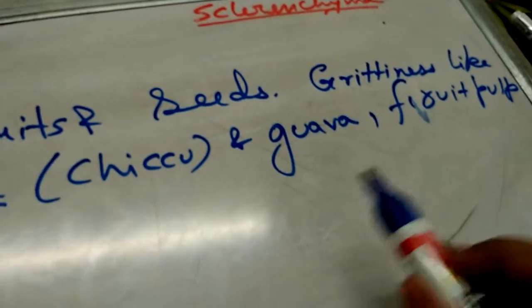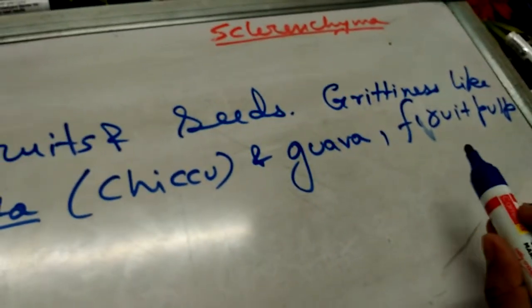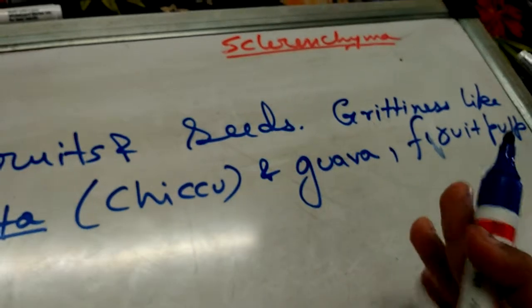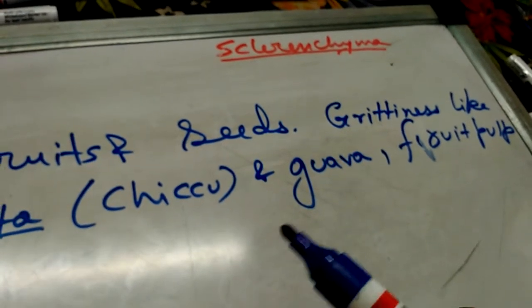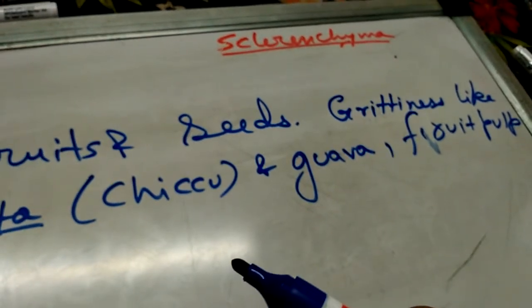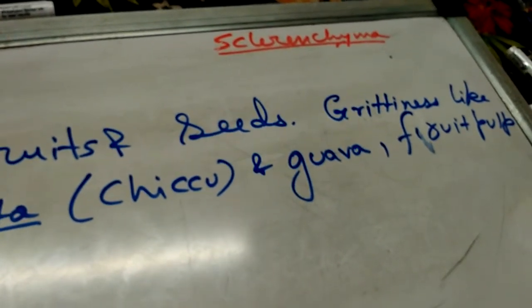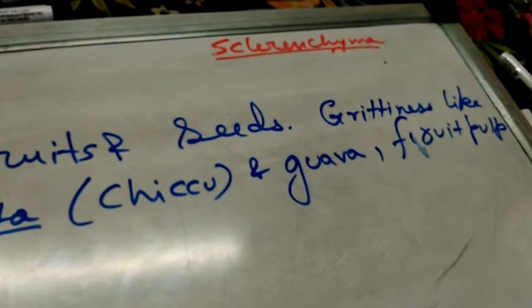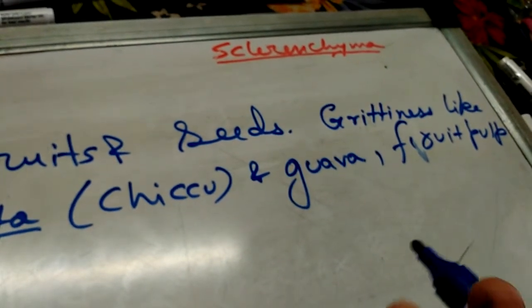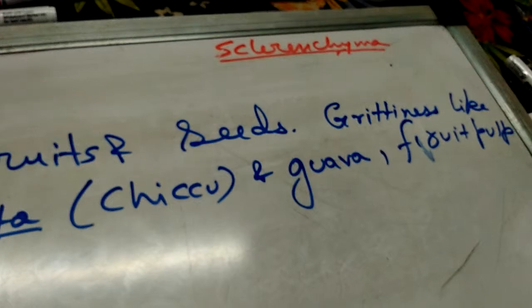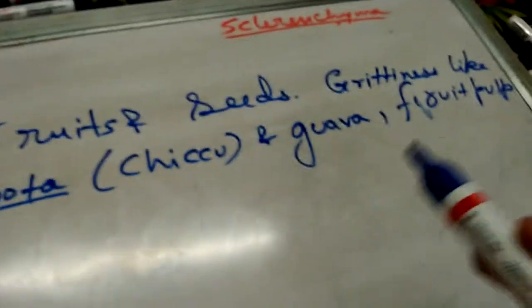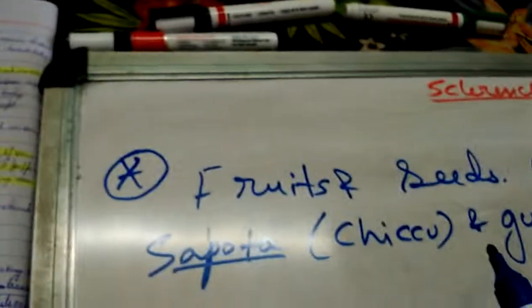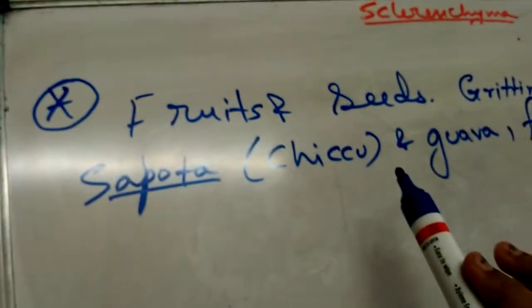So guava has sclerids in its fruit pulp. If you eat guava, the stone like things which we perceive as seeds are not basically seeds, but sclerids, which give a grittiness kind of texture that is very peculiar in fruits like sapota and guava, and found in some seeds as well.